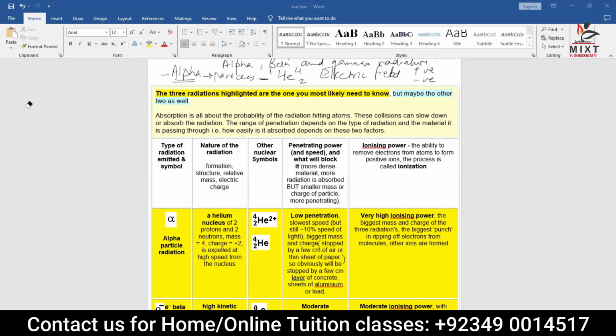Ionizing power: the ability to remove electrons from atoms to form positive ions. The process is called ionization.